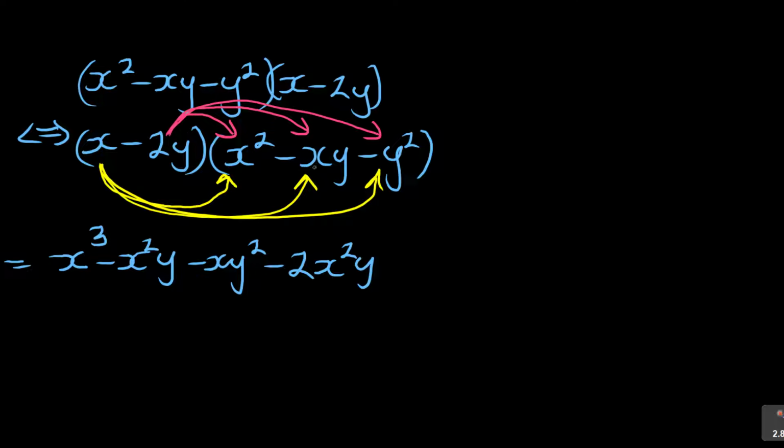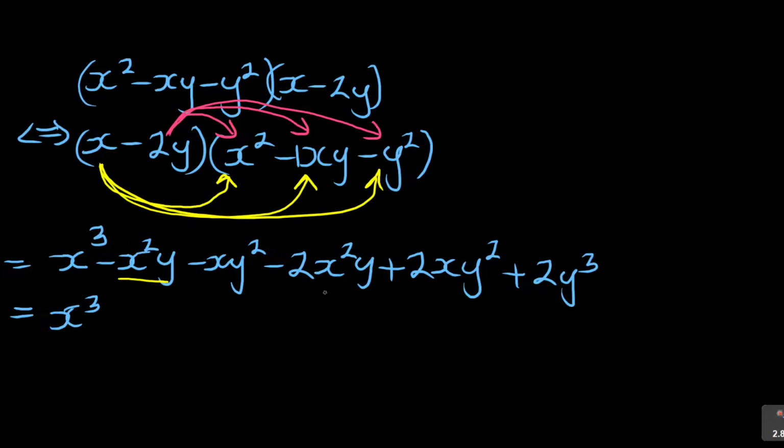Minus 2y times minus xy, it's negative 2 and negative 1 there, it's positive 2xy squared, and then minus 2y times minus y squared is positive again 2y cubed. Then you look at common things. So you've got x cubed. Look at what's common. It is x squared y and x squared y. Bring it together. So it's minus x squared y minus 2x squared y.